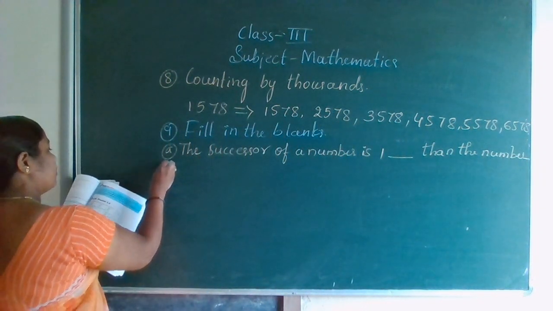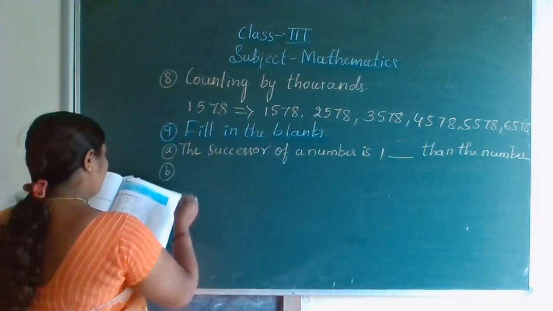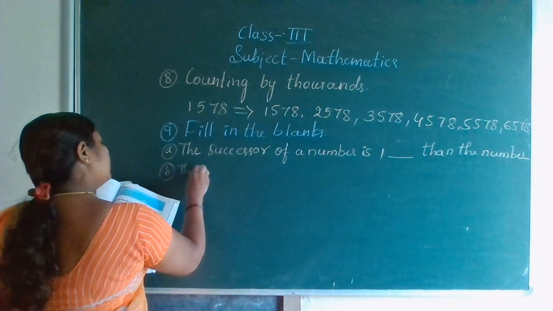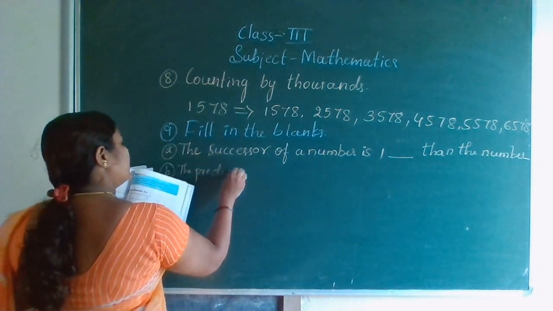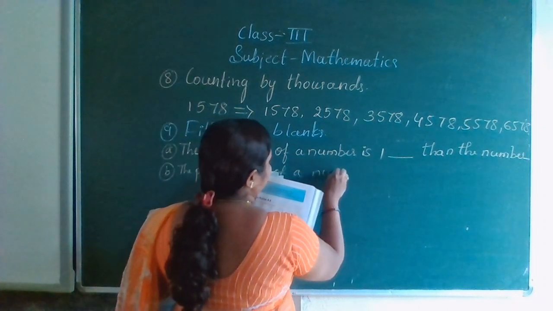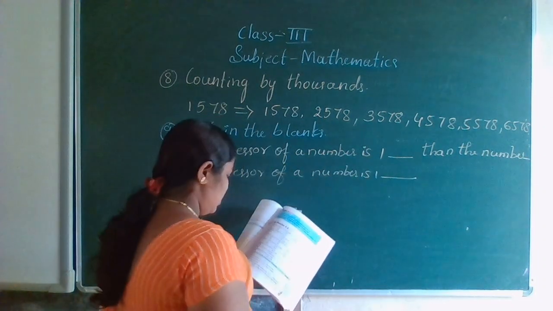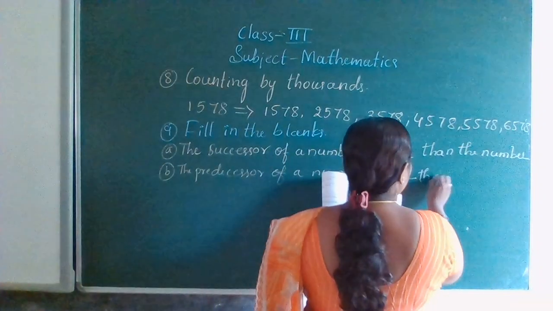B. The predecessor of a number is 1 dash than the number.